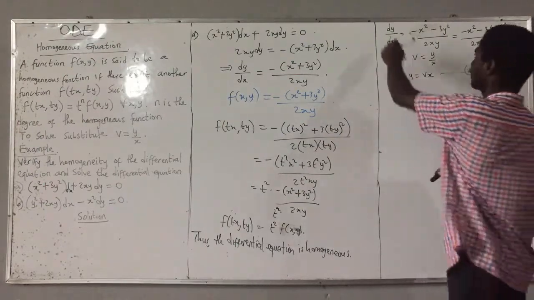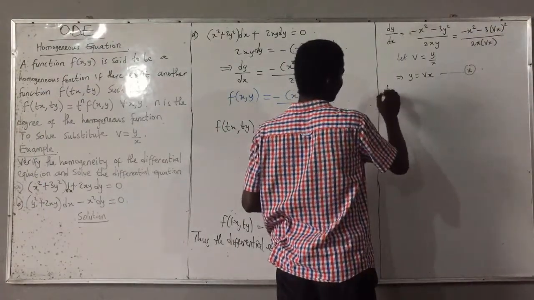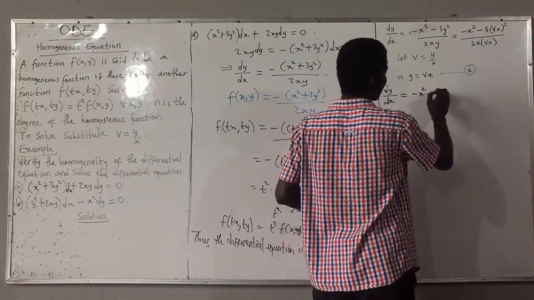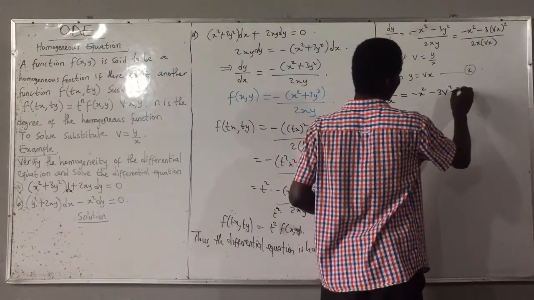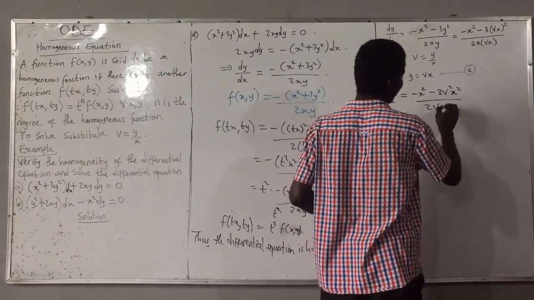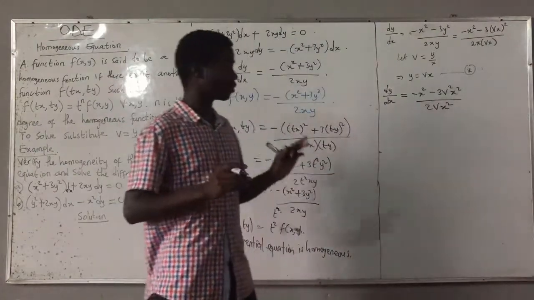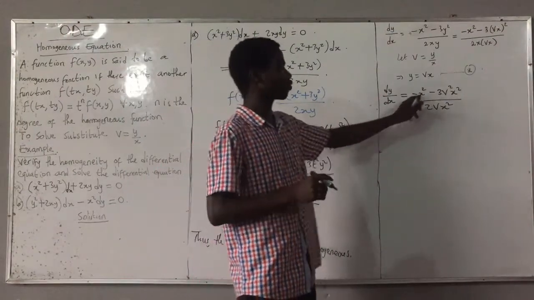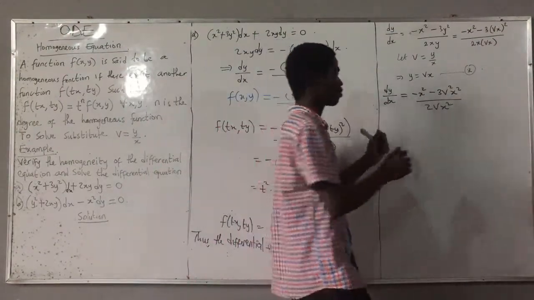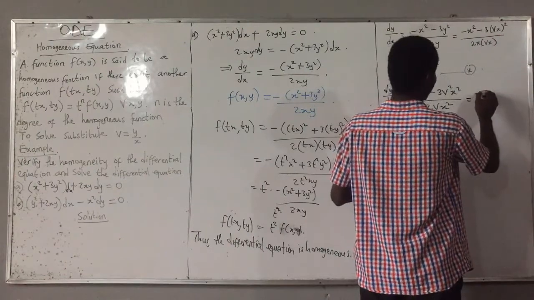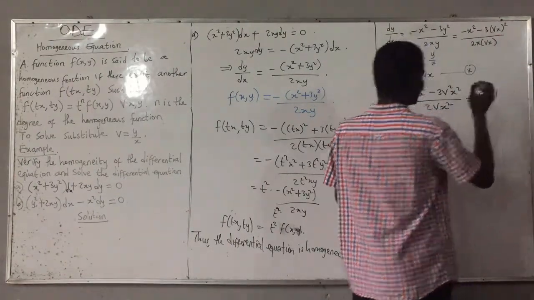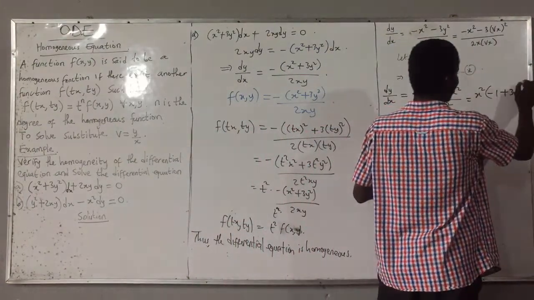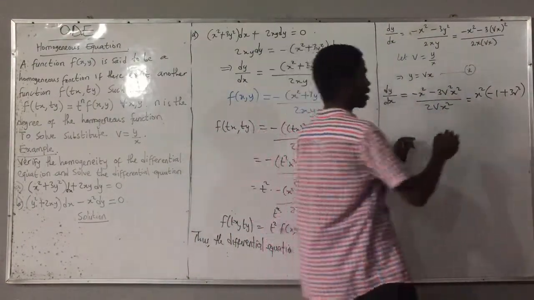But pay attention. The dy/dx will become minus x squared minus 3v squared x squared all over 2v x squared, if you open the bracket. Now you will notice that x squared is common. Factorize the x squared at the numerator. I will still be left with minus 1 plus 3v squared, all over 2v x squared.